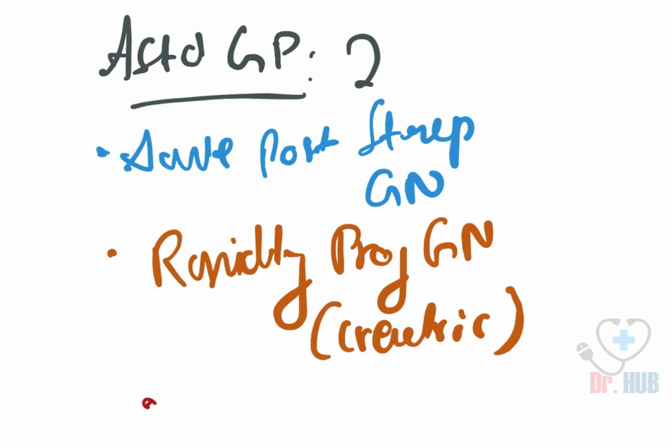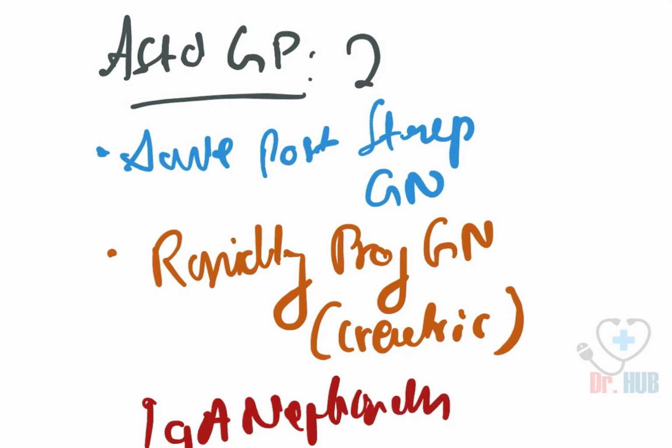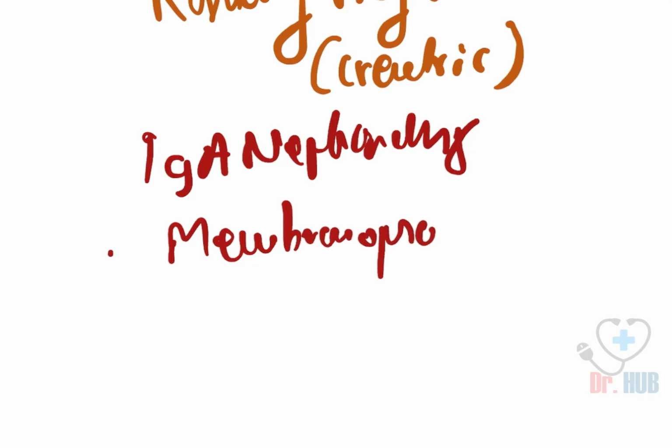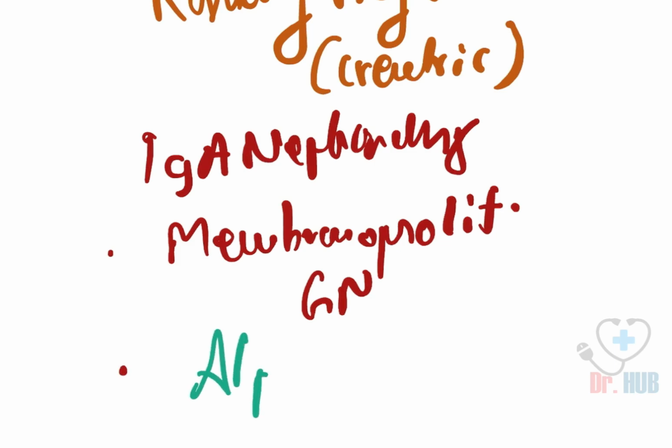Next, it includes IgA nephropathy and also membranoproliferative glomerulonephritis and the Alport syndrome.